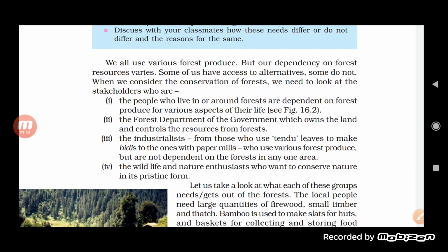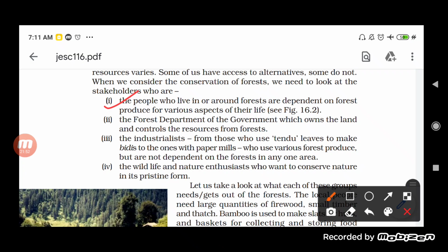The first is the people who live in or around the forest and are dependent on forest produce for various aspects of their life. These are the first stakeholders who work on the conservation of the forest.